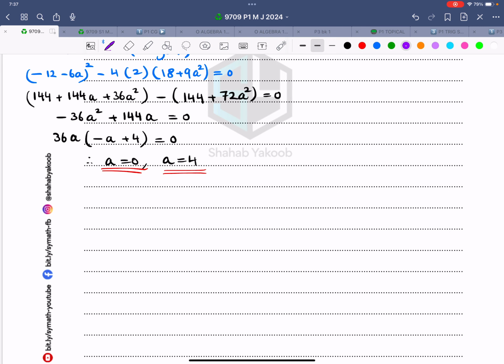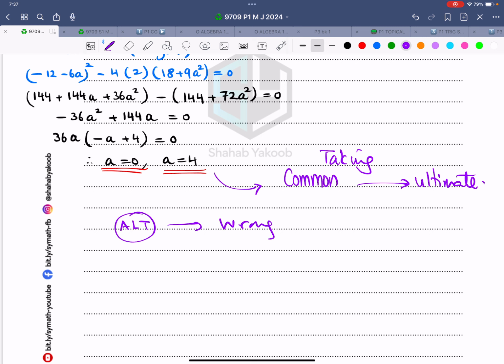Remember the strategy that I've always emphasized: taking common, that is the ultimate thing. If you have an option of cancelling out versus taking common, you should always take common. Let's say what someone can alternatively do, and this alternate is the wrong option. I'm just explaining the possibility that some people would be doing.